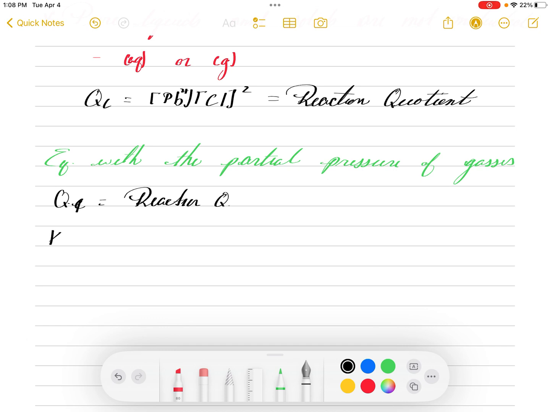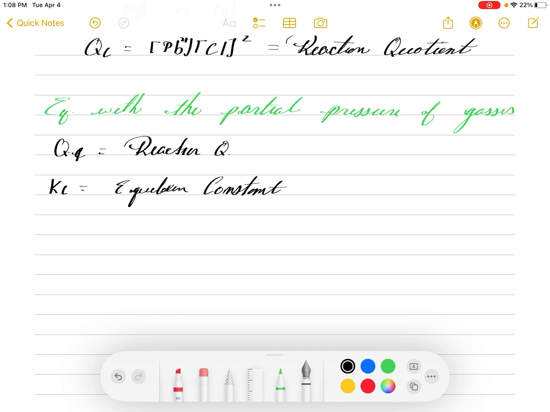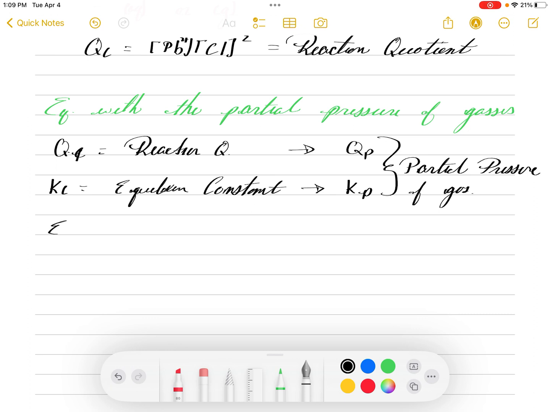Okay, the Kc is the equilibrium constant. Okay, now when we're talking about gases, well, now this is written as Qp, and this is written as Kp. And this has to do with the partial pressures of gas. Okay, so let's take a look at an example.